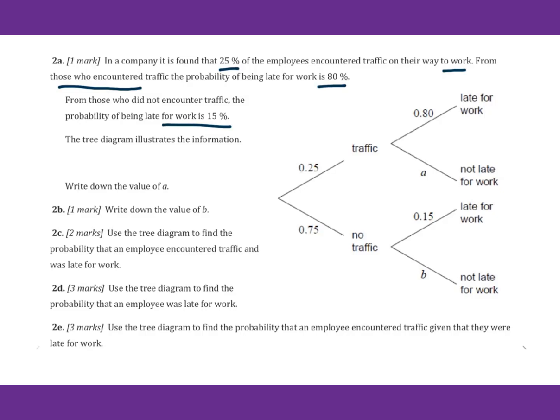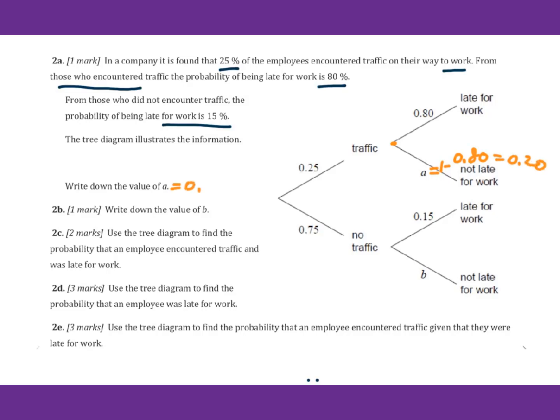The tree diagram illustrates the information. Write down the value of A. From the tree diagram, probability, this is the dot. Then all the branches you add in equals 1. Therefore, A equals 1 minus 0.80 equals 0.20.